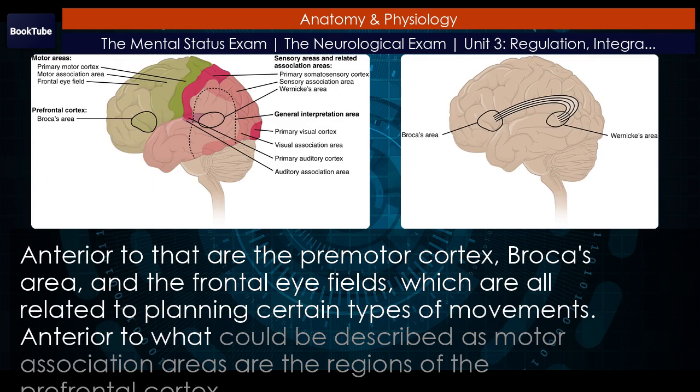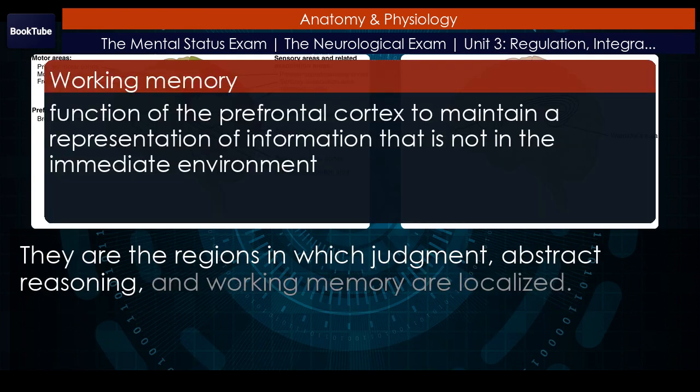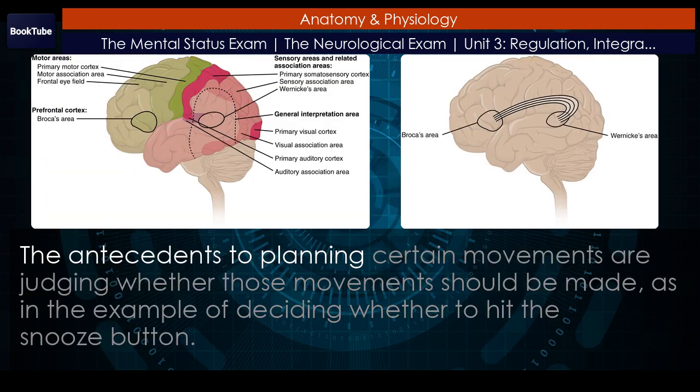Anterior to what could be described as motor association areas are the regions of the prefrontal cortex. They are the regions in which judgment, abstract reasoning, and working memory are localized. The antecedents to planning certain movements are judging whether those movements should be made, as in the example of deciding whether to hit the snooze button.